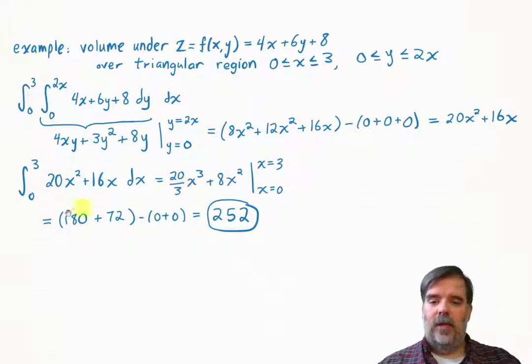We plug in 3 for the values of x, minus, we'll plug in zeros for the values of x. I love plugging in zeros. And then, when you're done, you'll get the number 252. So that's the volume, the signed volume, underneath this surface above a triangular region.